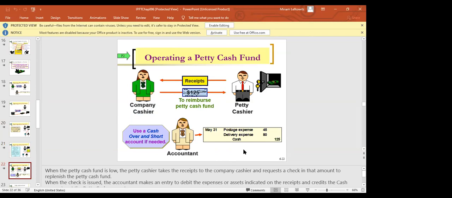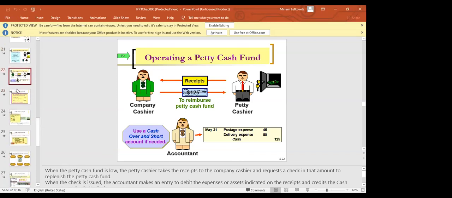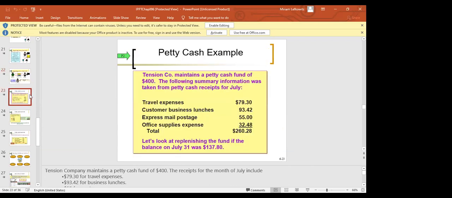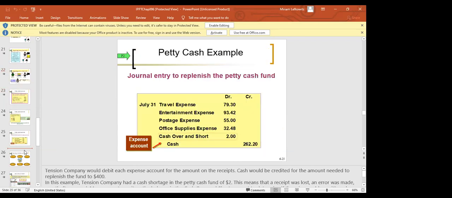So this is done monthly, but of course at year end, you must do it. Now, if you don't have a receipt, you can use miscellaneous expense, but not on a large amount. Use cash short and over for a couple dollars that you're short if you didn't give the right change. So I'm posting for you these petty cash examples and review petty cash as well.